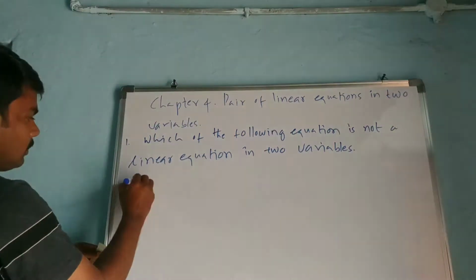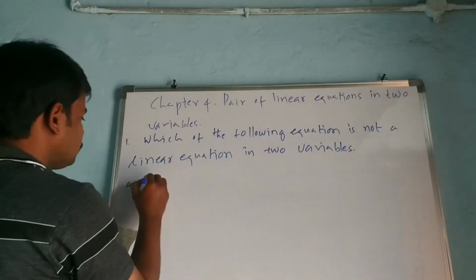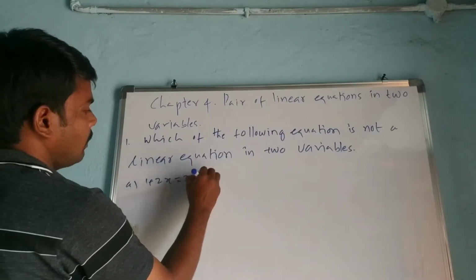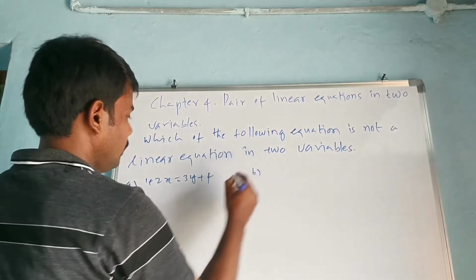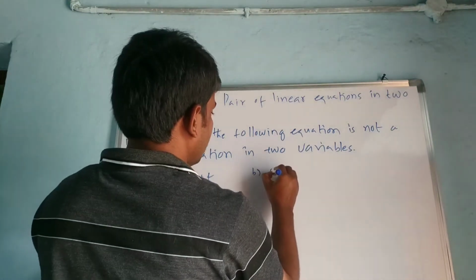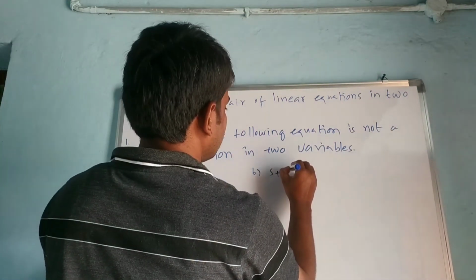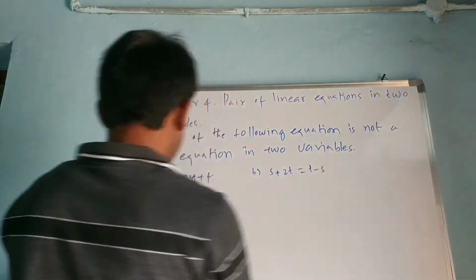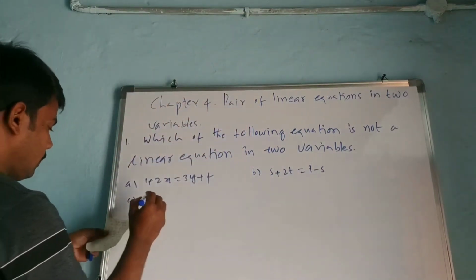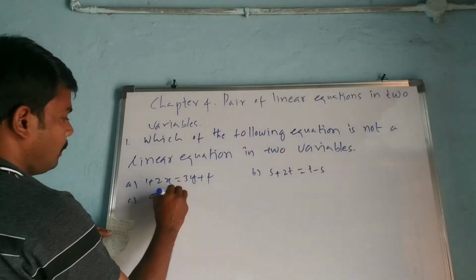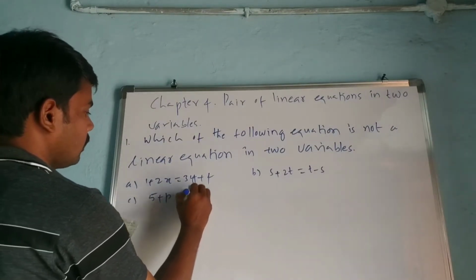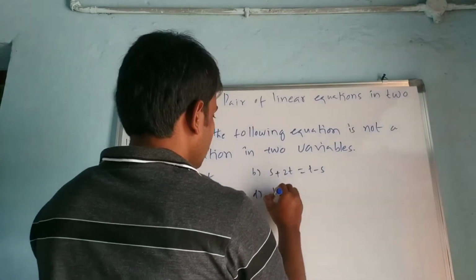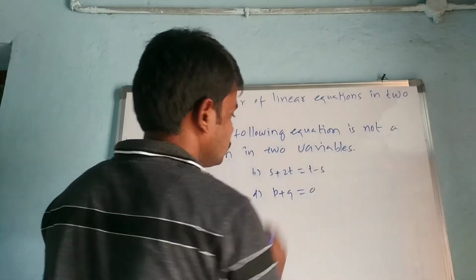Option A, 1 plus 2x is equal to 3y plus 4. Option B, s plus 2t is equal to t minus s. Option C, 5 plus p is equal to q square minus 1. Option D, p plus q is equal to 0.